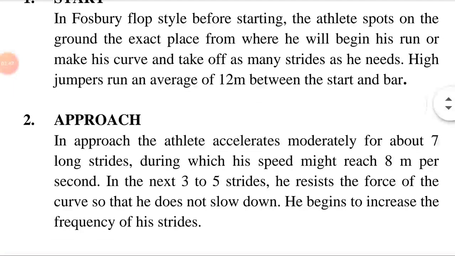High jumpers run an average of 12 meters between the start and the bar, means the normal run performed by the athlete between the starting point and the bar is 12 meters. Approach.